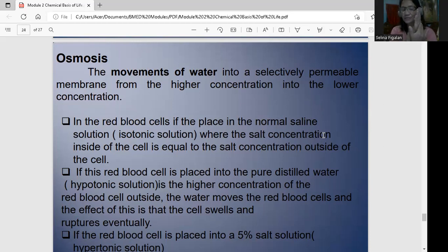What happens? Dahil mataas ang concentration nito, it goes within the cell. What happened to the cell? It swells. Dahil papasok yung water. Ang red blood cells natin ay lulubo. Puputok yun.